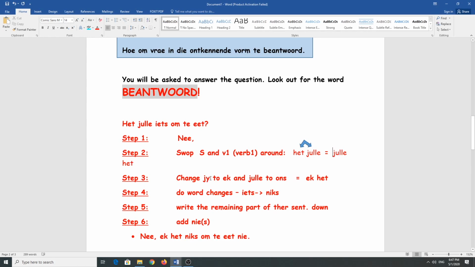And then you have to change, like you changed jy to ek, julle to ons. So this will become ons het. Do your word change, write the remaining part of the sentence down and add the nie. So then your answer will be nee, ons het niks om te eet nie. So jy changes to ek, julle changes to ons. Other pronouns like hy, sy, hulle, whatever, they stay the same. You don't change them.